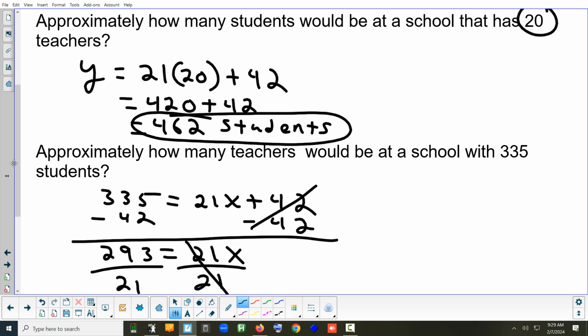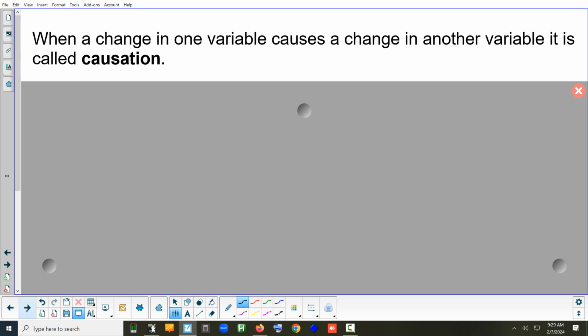When one thing changes, the other thing has to change automatically. So let's write those two things down and then go through some examples. On the back where it says, when a change in one variable automatically causes a change in another variable, that's called causation.